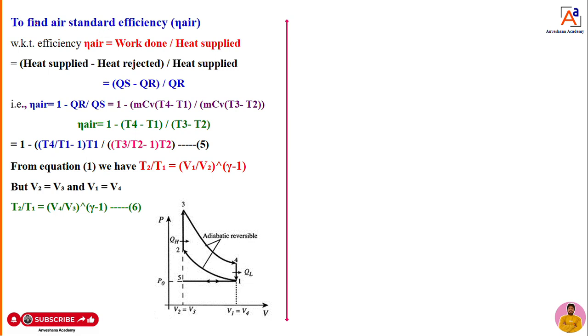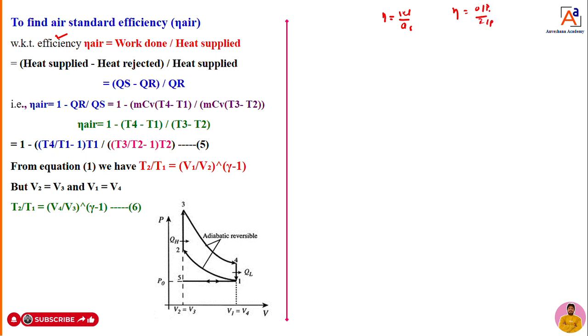Once you have got all 4 equations during the 4 processes, with the help of them we can calculate the efficiency of the Otto cycle. We already know the efficiency formula. Generally, efficiency is equal to output by input.